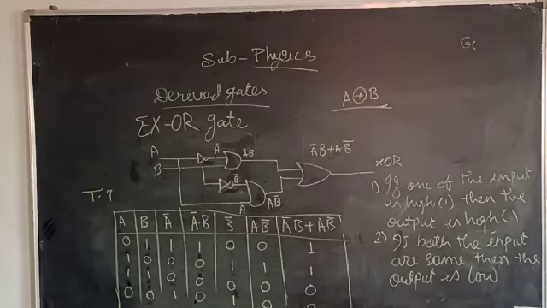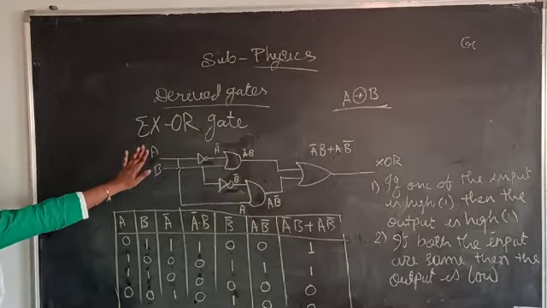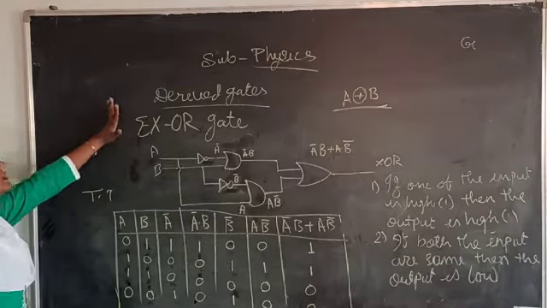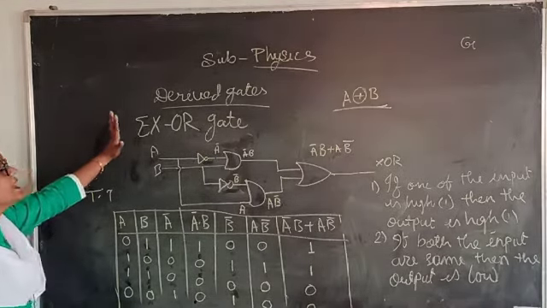Now from this only we can derive our XNOR gate. You just concentrate on what changes I am going to make over here. How we can switch to XNOR gate simply by using XOR gate.